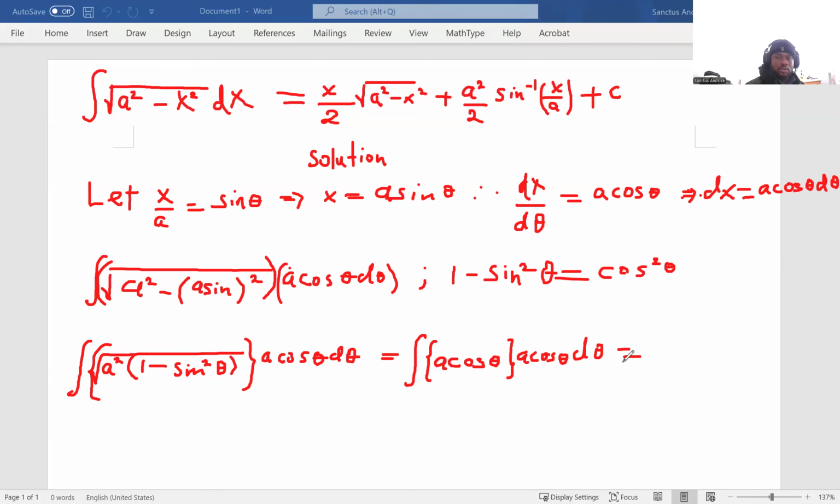So what does this mean? It means we put a squared outside: a times a is a squared, and cos theta times cos theta will give cos squared theta.